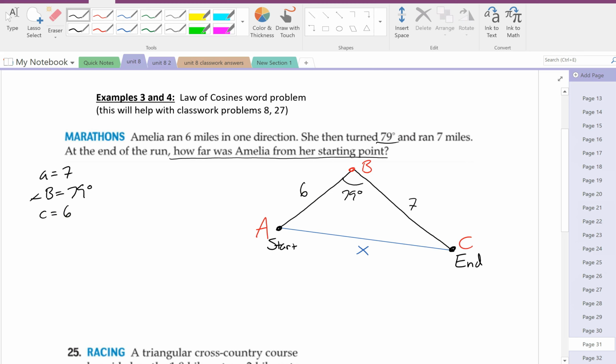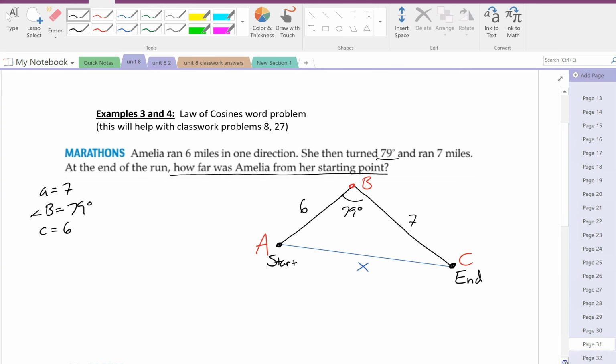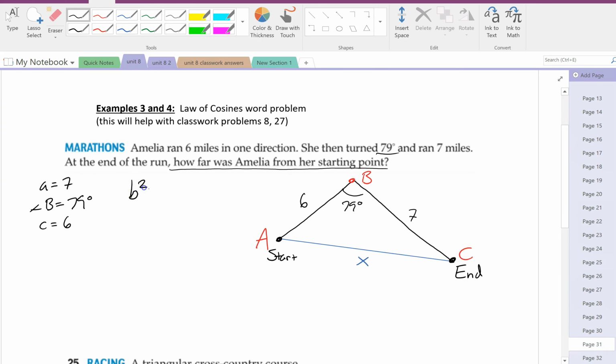So I know side A and C, and I know angle B. So I'm going to go back to that table. I'm going to use this middle one here. So B squared is what starts it. B squared equals A squared plus C squared minus 2AC cosine B.